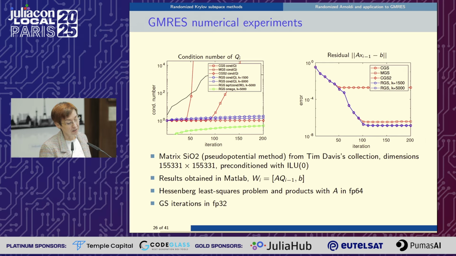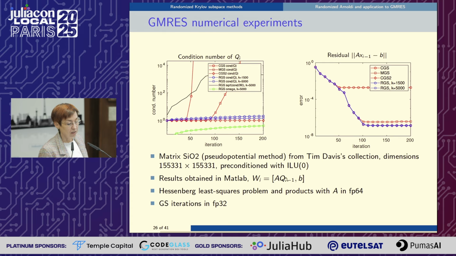In terms of numerical experiments, those were obtained from a collaboration in the paper with Oleg Balabanov. What we look at here is what you obtain for GMRES when applied to a matrix which comes from Tim Davis's collection, and this one is preconditioned with ILU0.